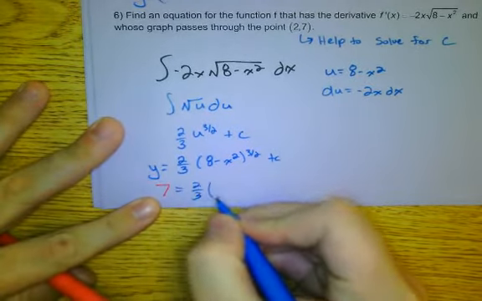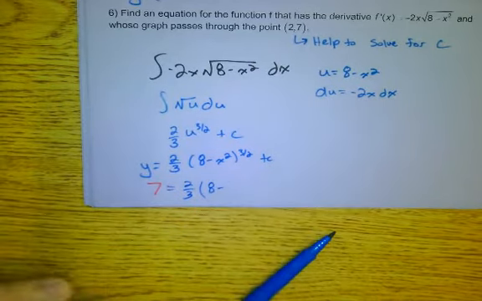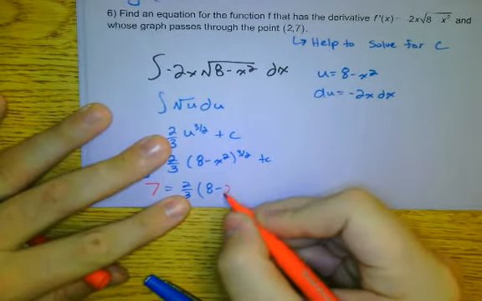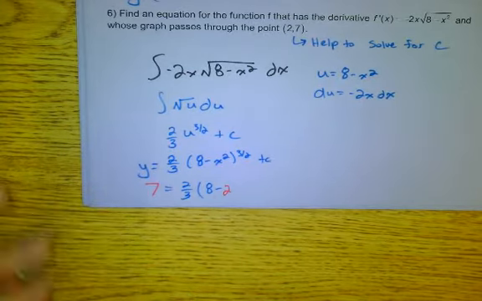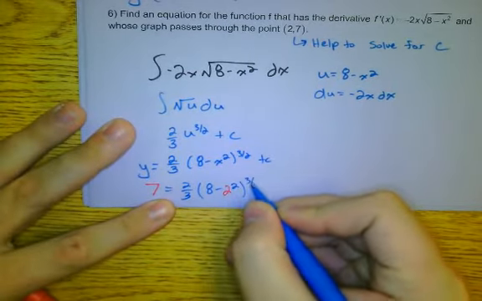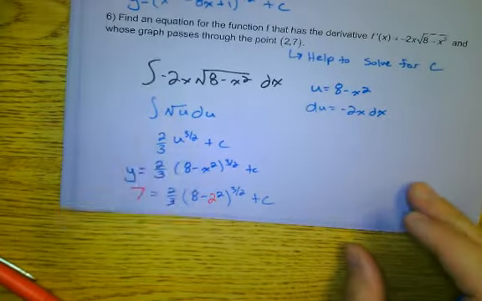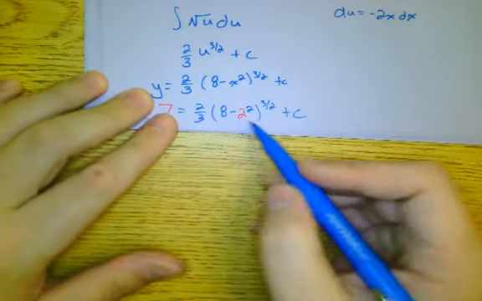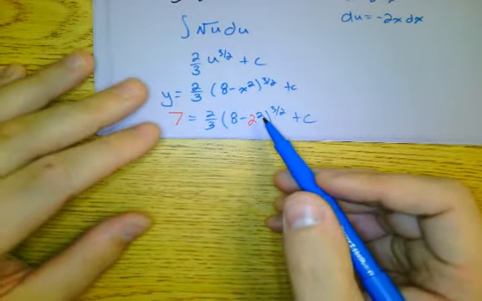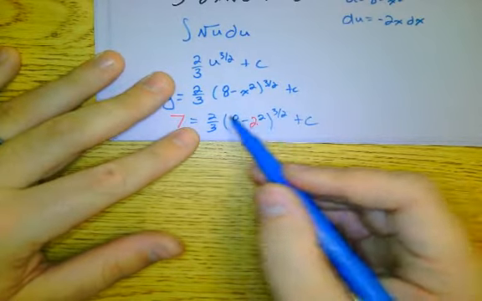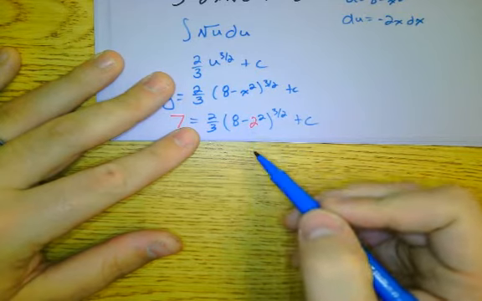equals 2/3 times (8 minus 2 squared) to the 3/2 plus c. And I'm trying to solve for c. Let's do it. What is 2 squared? We're going to do lots of mental math here. What is 2 squared? 8 minus 4 is 4, to the 3/2.